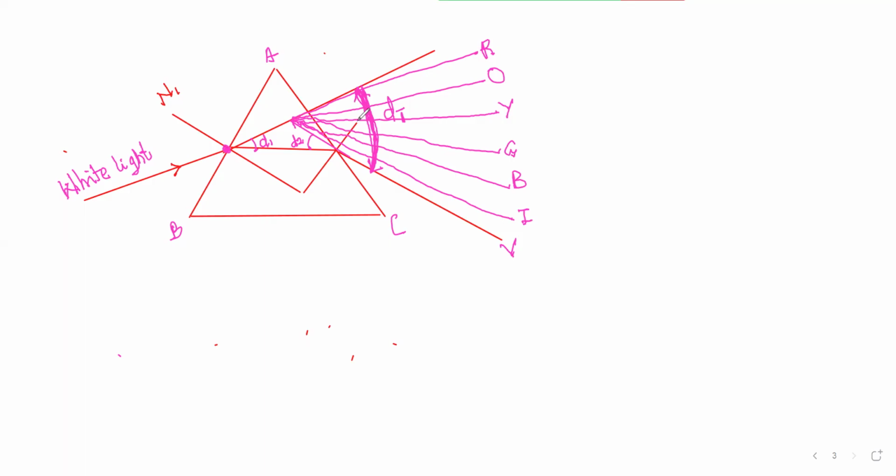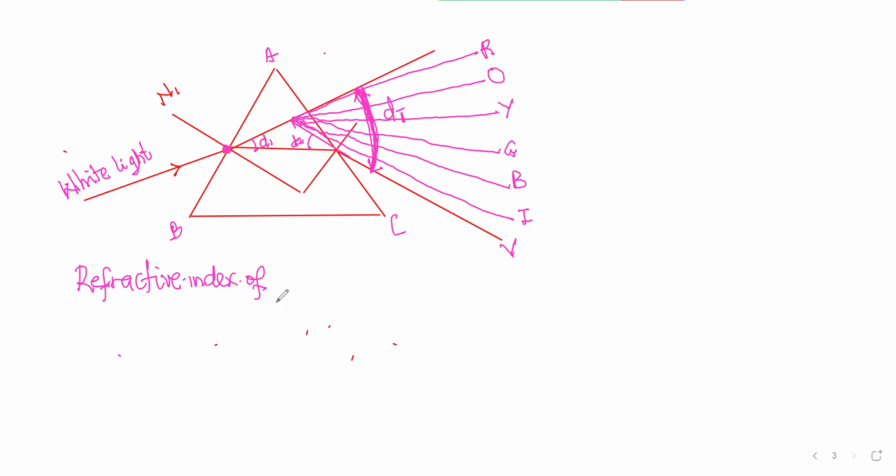From this class, we can therefore say that the refractive index of a material is not constant, but it depends on the color of light entering into the material.